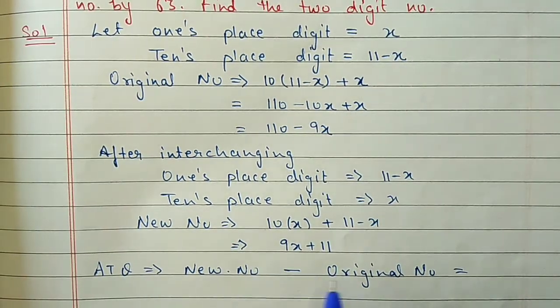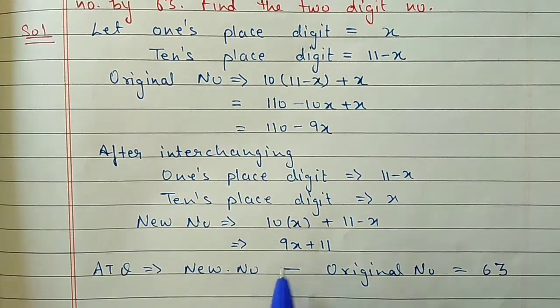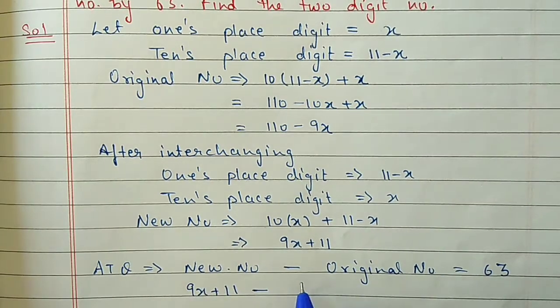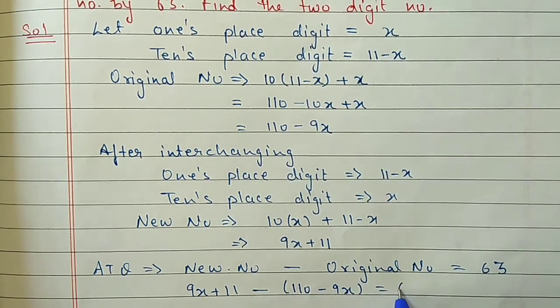So if we take the difference between these two numbers, it will come 63. So the new number is 9x plus 11 and the original number was 110 minus 9x, equal to 63.